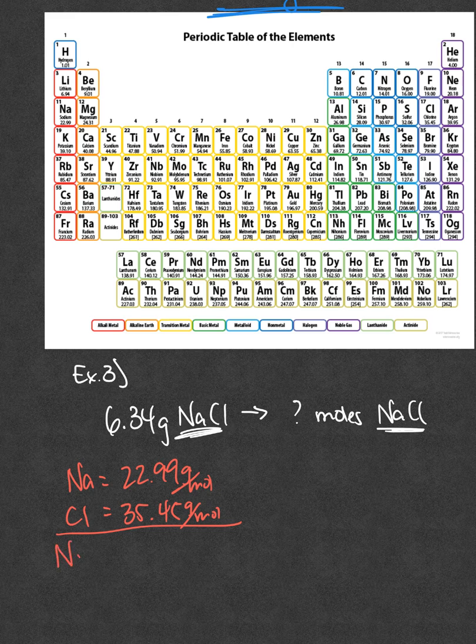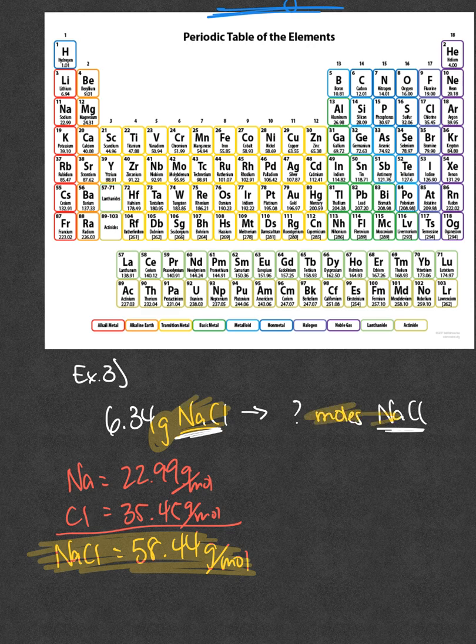So the molar mass of NaCl has the grand total of 58.44 grams per mole. All right, and so this is the number that we're going to use to help us convert between grams of NaCl to moles of NaCl.